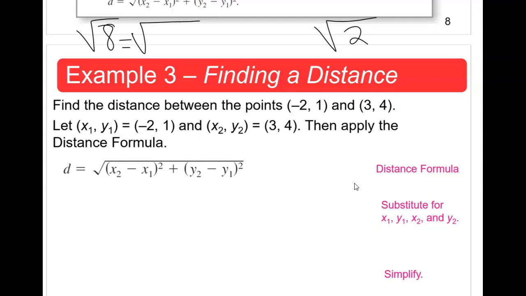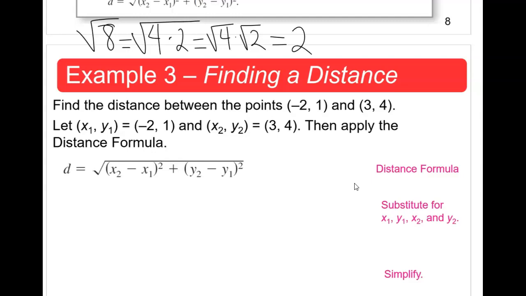So we could factor 8 such that one of the factors is a perfect square. That would be a 4. So this will be 4 times 2. Then from here, the square root of a product could be the product of two square roots. And so from here, we could take the square root of 4. That gives us an integer, which is 2.